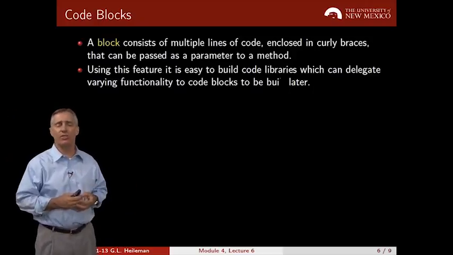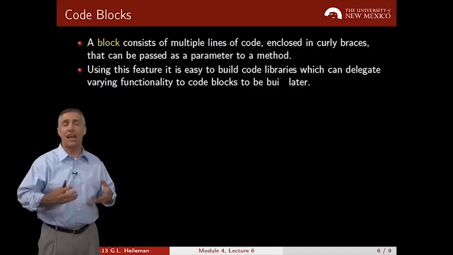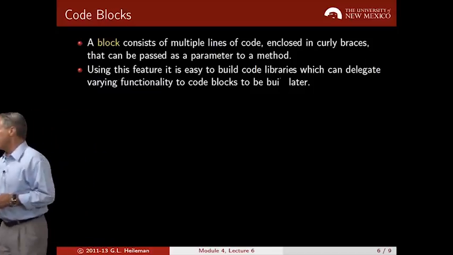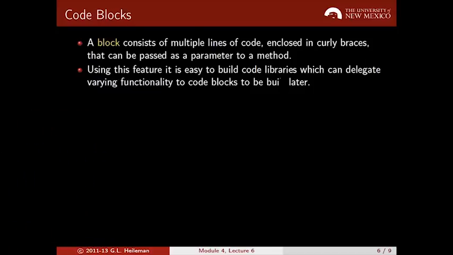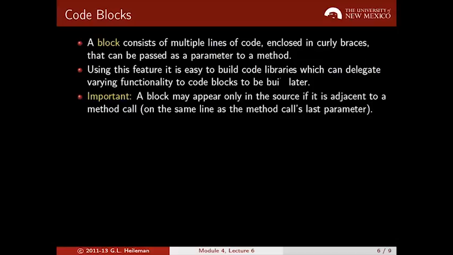And we talked about this previously as an example of functional programming. So using this feature, it's very easy to build code libraries which can delegate the functionality to these blocks. You can put off defining that functionality until some point later, or even dynamically define it and just pass code blocks into functions that have been previously defined. And an iterator is in fact an example of that.